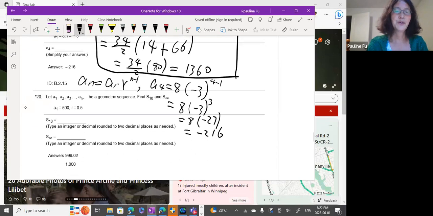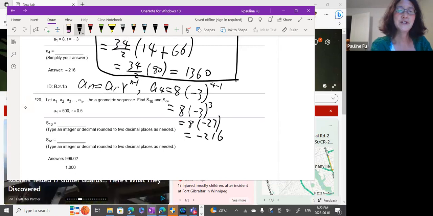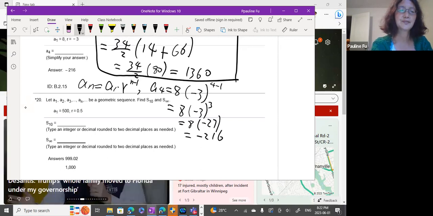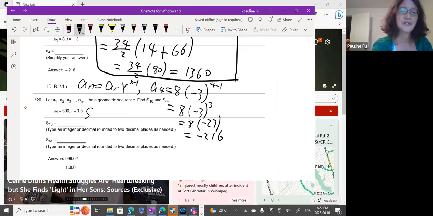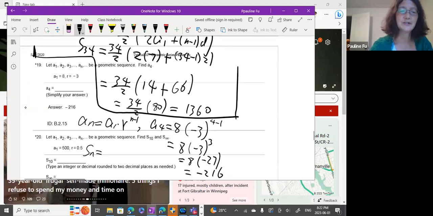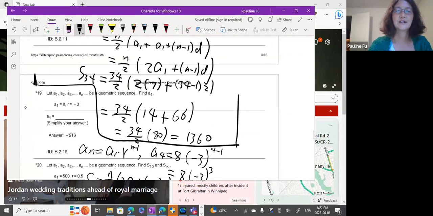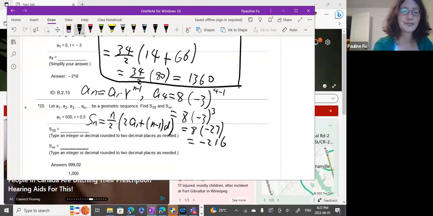Okay, question 20. Question 20, let A1, A2, A3, An be a geometric sequence. Find S10 and S infinity. So S10. So Sn, we use this formula. Remember, we just found this formula, Sn equals n over 2 times 2A1 plus n minus 1 d.